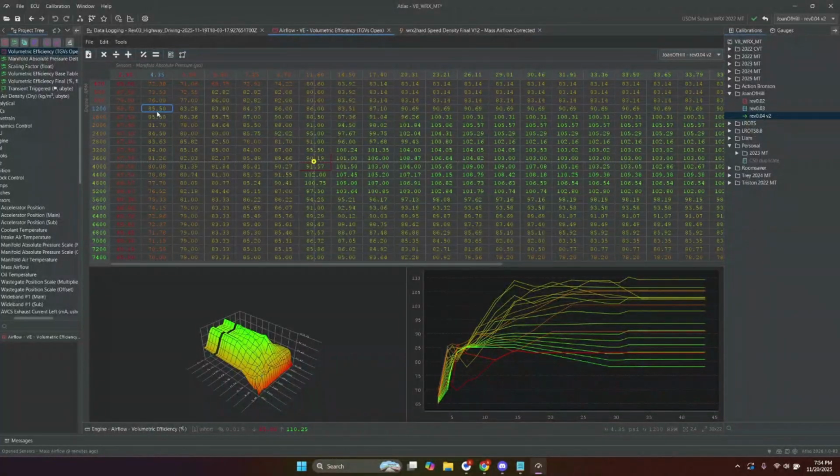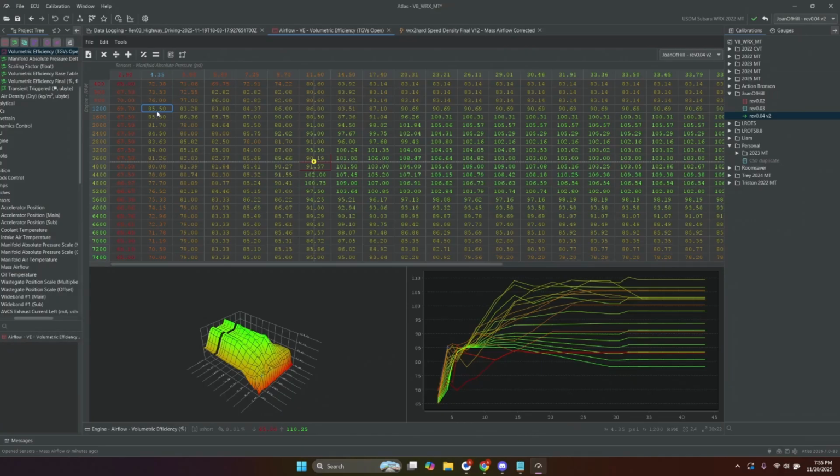So the reason we're editing it is because it's wrong. And by editing it, you're making the air part of the fuel calculation more accurate, and that's entirely correct.